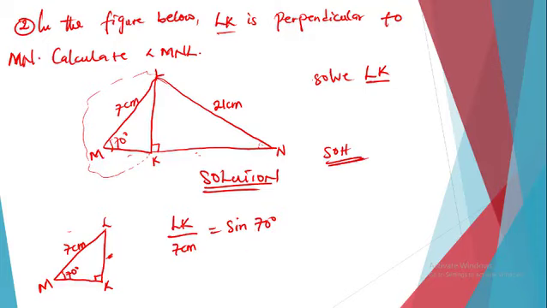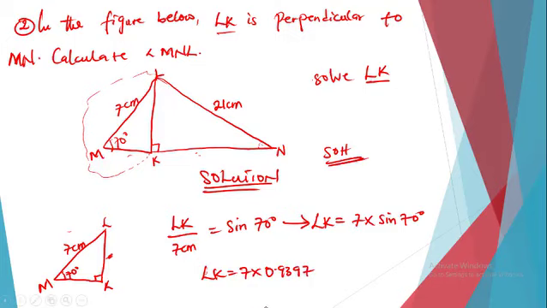Fine. So making LK the subject of formula, we have that line LK would be equal to 7 times sine 70. Then LK would be equal to 7 times, you press sine 70 on your calculator, and that will give us 0.9397.